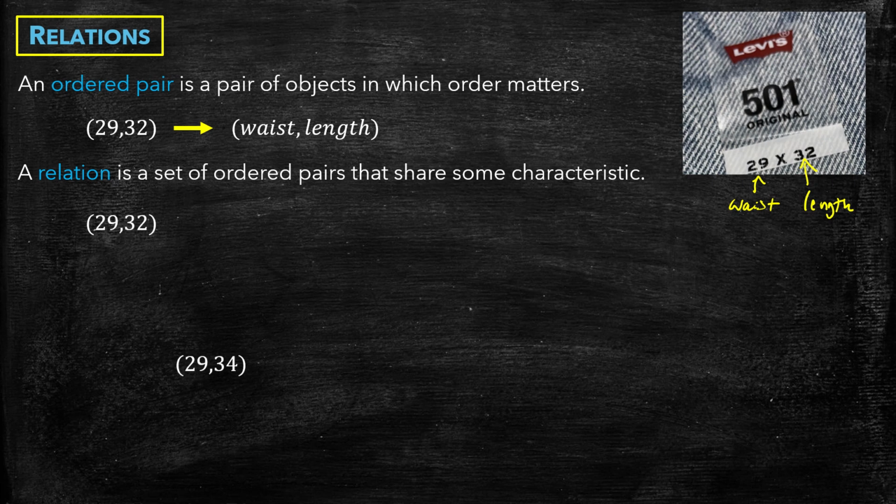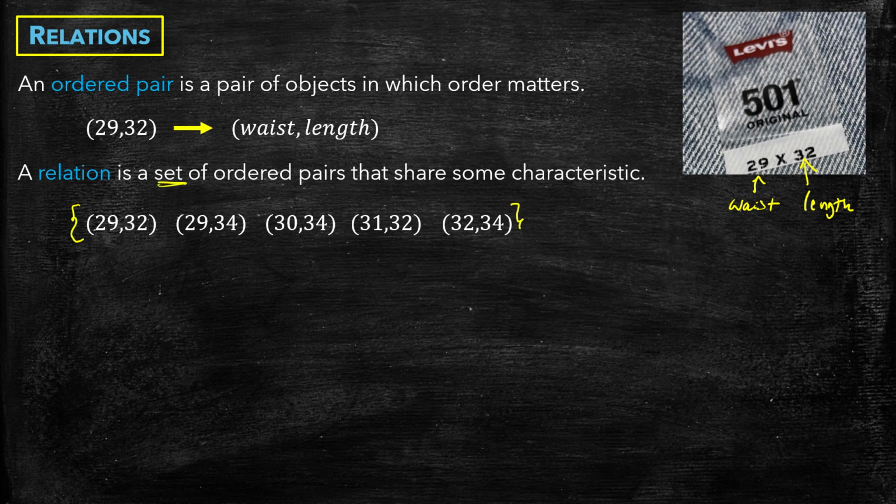So here are the jeans sizes I brought into the changing room. This is a relation. There's nothing special about this relationship. You know, other relations can have a lot more in common, but these share the characteristic that I brought them into the changing room. A set we usually indicate with curly brackets, and we separate the ordered pairs with commas.